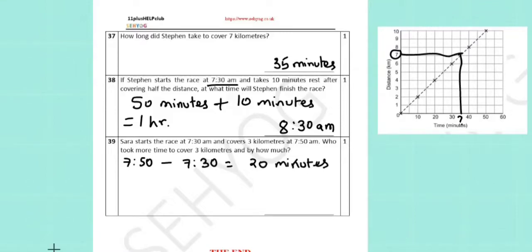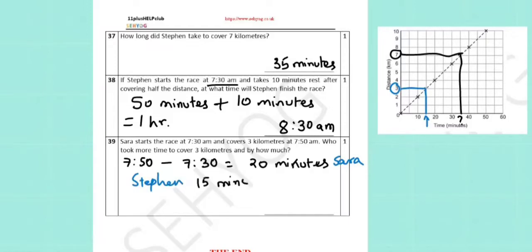Now, from our time graph, we are going to check out in how much time is Stephen covering the same distance, that is 3 kilometers. So, from 3 kilometers, we are drawing a line till the line graph and drawing it downwards to find the time. Between 10 and 20, we have 15 minutes, which means that Stephen is covering 3 kilometers in 15 minutes.